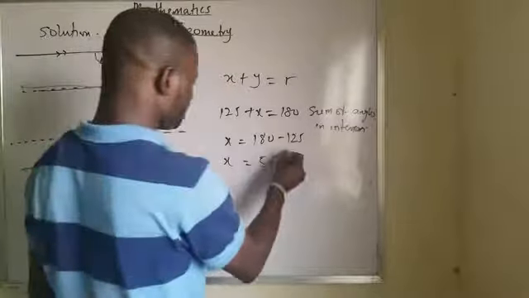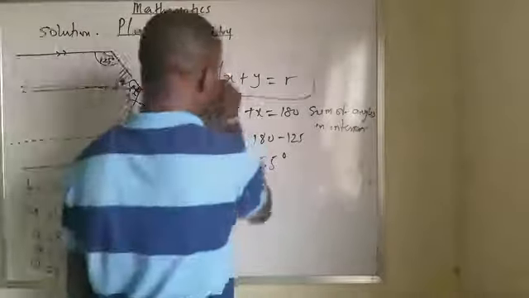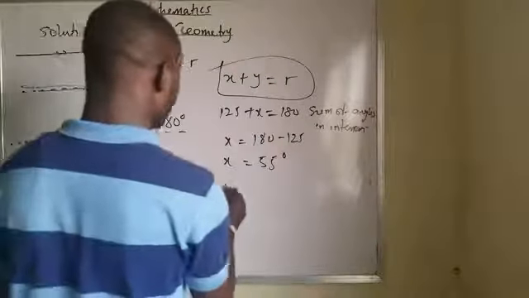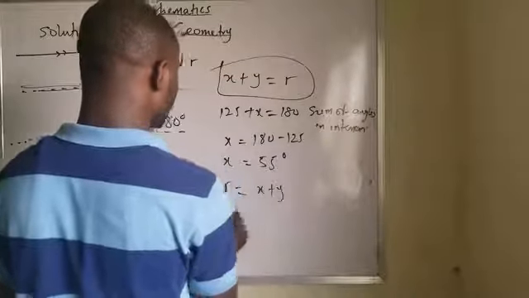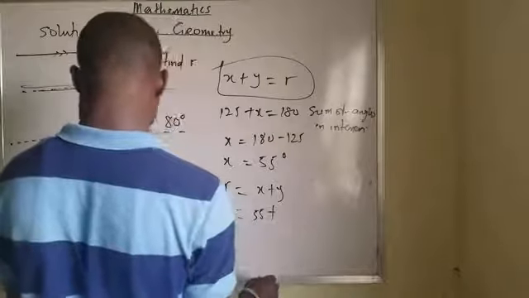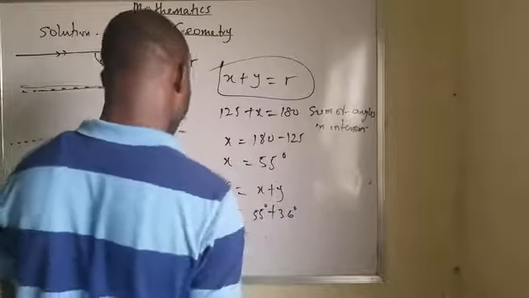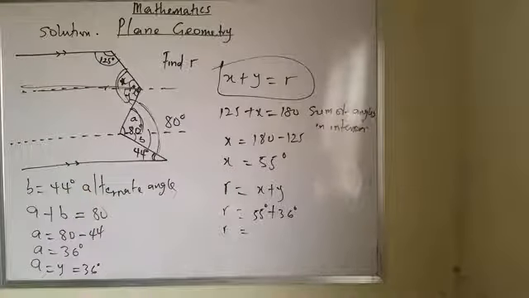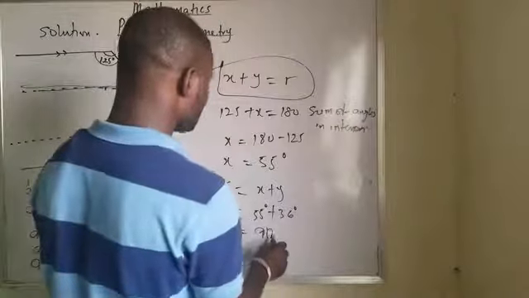Since I have X as 55 degrees, I've declared here that X plus Y equals R. It means my R equals X plus Y. My X is 55 plus my Y is 36. My R can now be equal to 55 plus 36, and it will be 91 degrees.